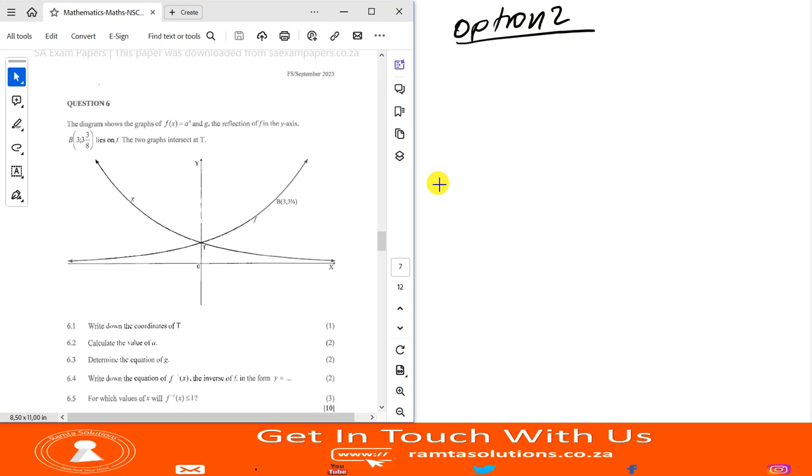Or option two, you can say, oh, they say x f inverse is less than 1. How about I say x is less, hear me out. I have to be careful because we're saying this guy is equal to 1, all right?